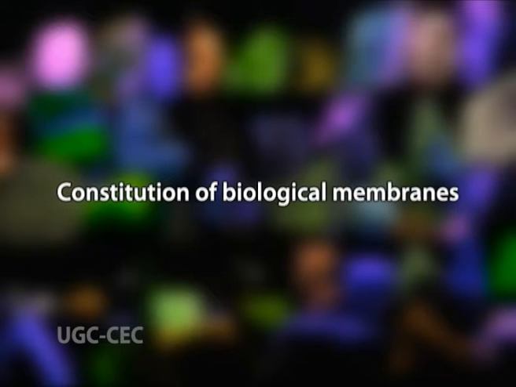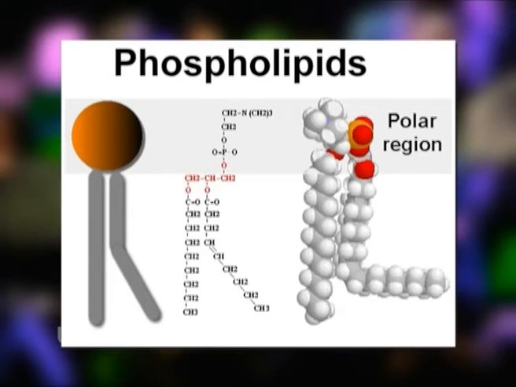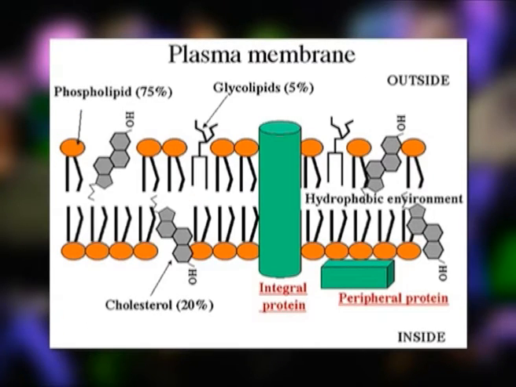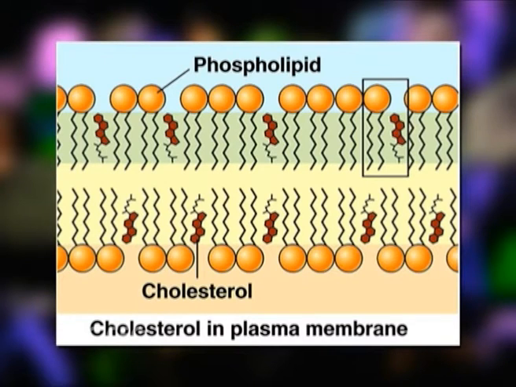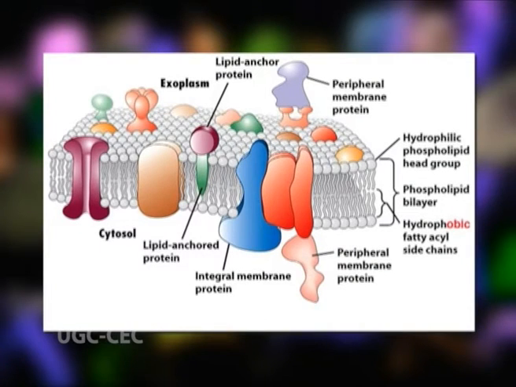The first function of lipids is the constitution of biological membranes. The lipids, especially phospholipids, glycolipids and steroids such as cholesterol, are the main structural components of cell membranes. The lipid bilayer of plasma membrane and other biomembranes is composed of a wide variety of phospholipids and other structural lipid elements.